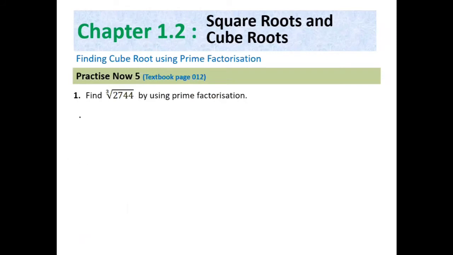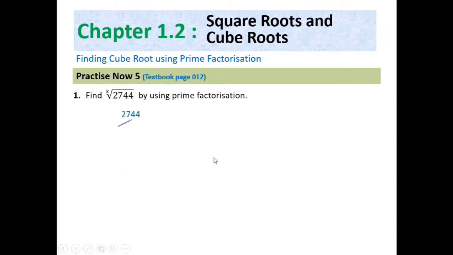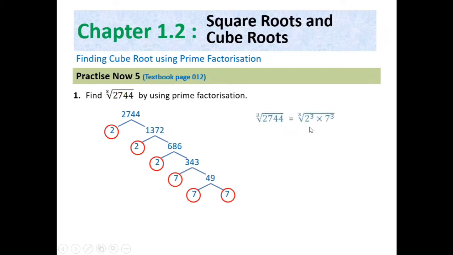Okay, so how do you use the prime factorization of this? I don't want to write it, so straight to it. If you make the factor tree this way, using the method from before, the answer is 2 power 3 times 7 power 3.